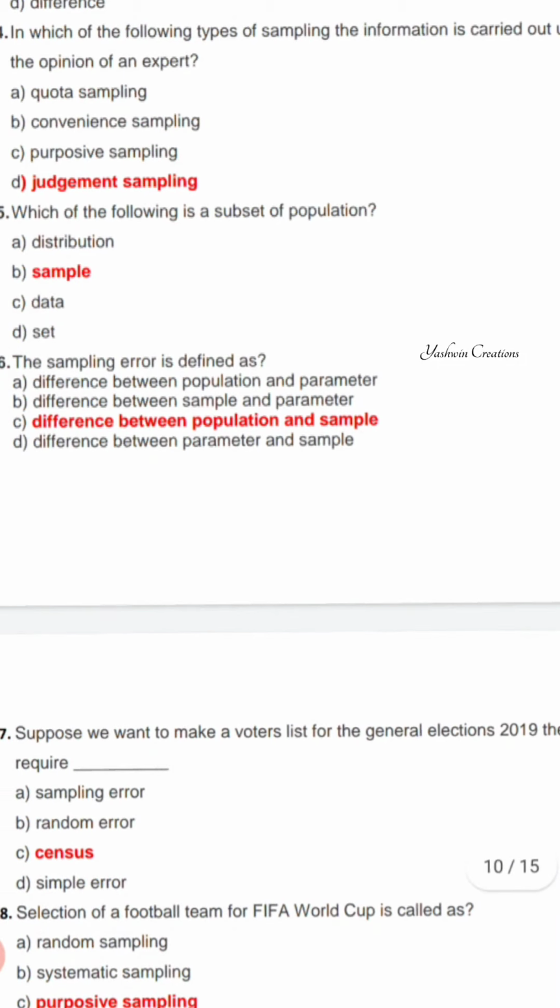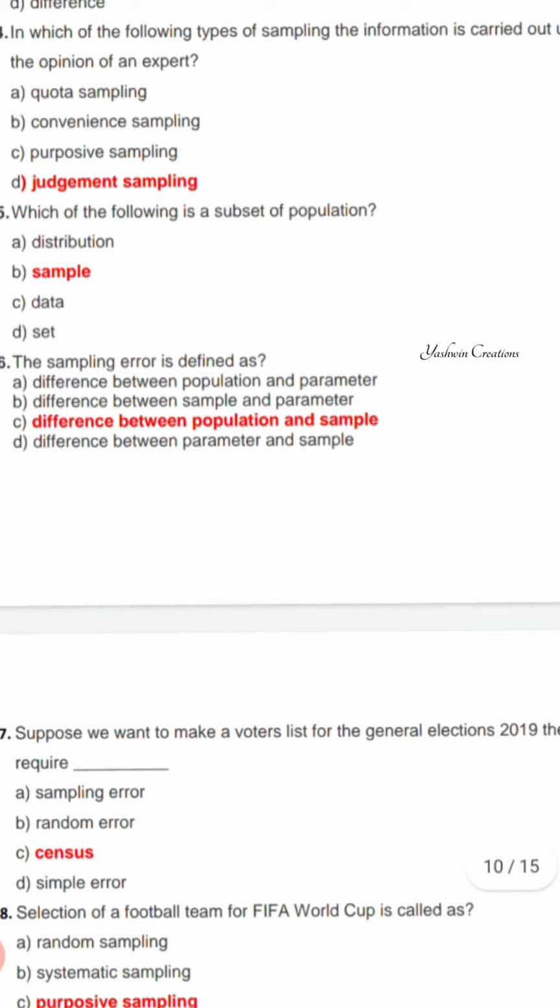Suppose we want to make a voters list for the general elections 2019, then what do we require? Sampling error? No. Random error? No. We should consider the census. We need a list of people with their ages.